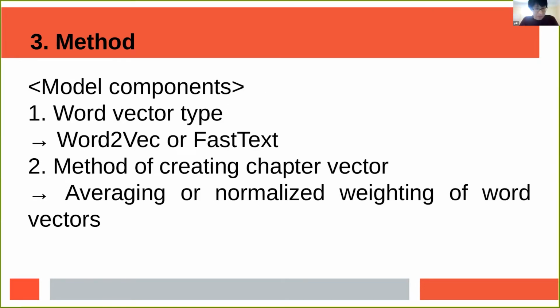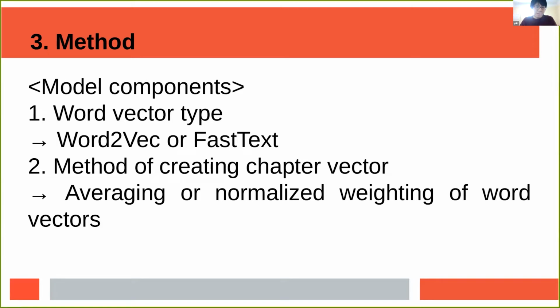So to create the 4 models, I employ 2 aspects. The first aspect is word vector type, either word2vec or fastText.